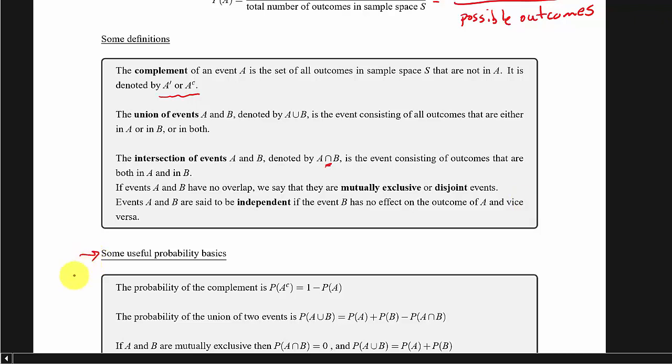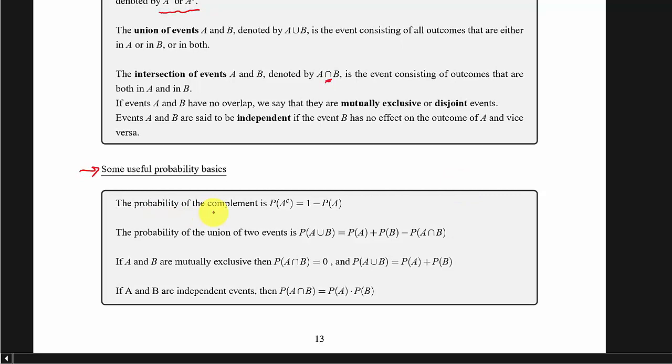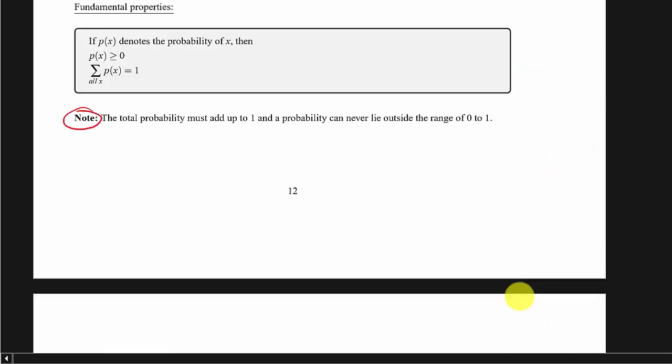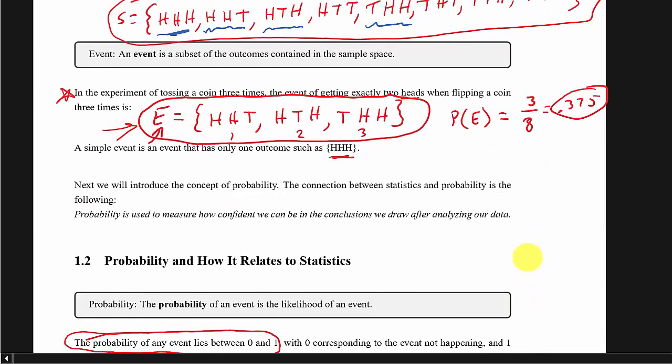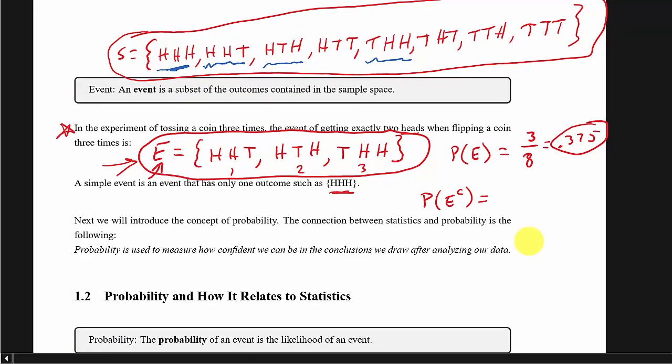And then we have some useful probability basics. The probability of the complement is just 1 minus the probability of A. So the probability of A complement is 1 minus the probability of A. And that makes sense. Let's go back up to this probability right here. What if we wanted to find the probability of E complement? What's the complement of E?